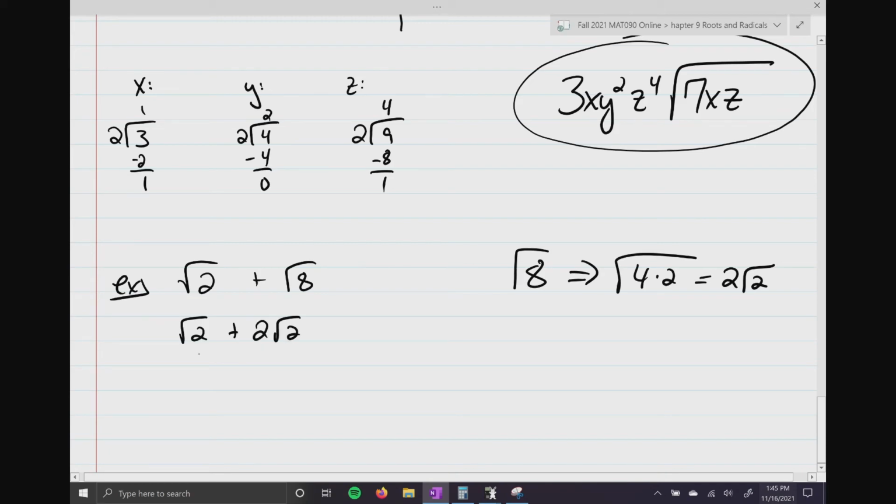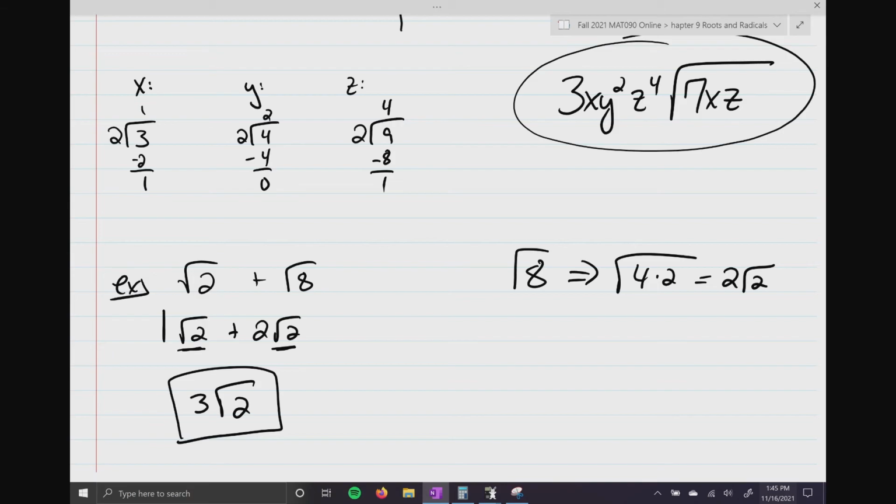Now the radicands are the same. So really what you're concerned with is what is 1 plus 2. And 1 plus 2 is 3. So the square root of 2 plus the square root of 8 is the square root of 2 plus 2 square roots of 2, which turns out to be 3 square roots of 2. Okay? So that's what we're gearing up to.